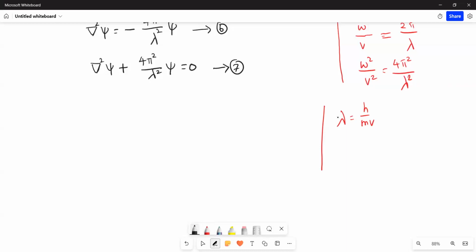The same equation becomes del square psi plus 4 pi square. Instead of this 1 by lambda square, you need to make m square v square by h square psi equal to 0. Right. Consider again, this is equation number 8.